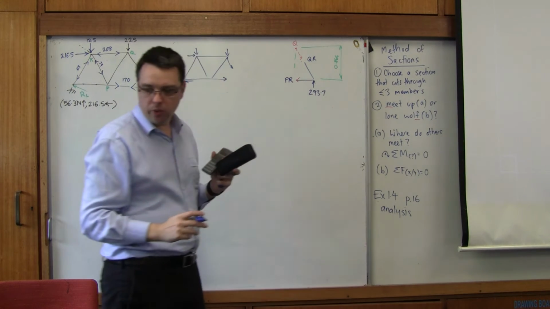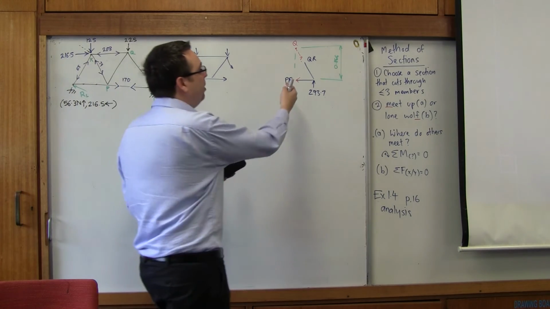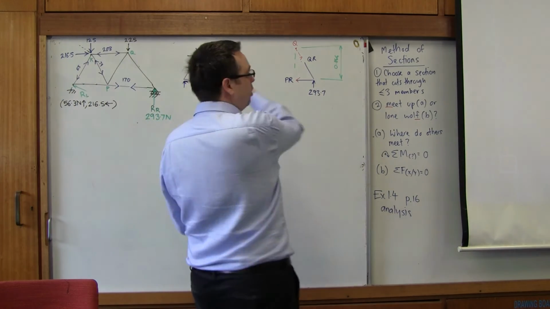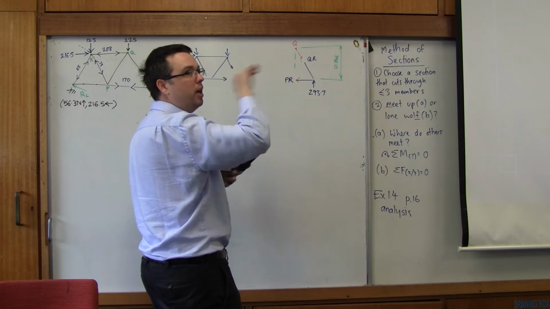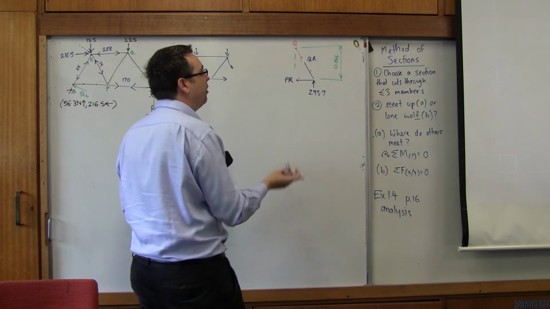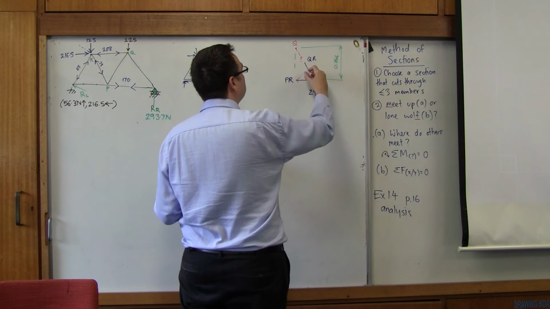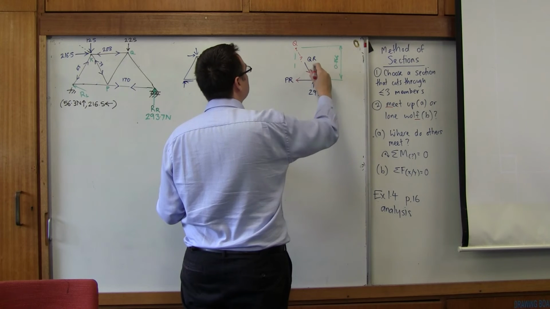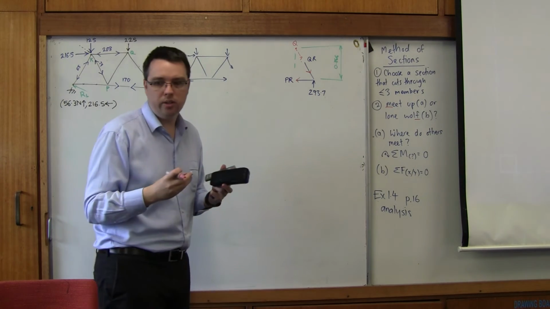Now, both of those situations, if PR is going to the left, well then QR has to be going to the right. If this external force is going up, that means QR has to be going down. So both of those forces mean that we can realistically, not just assume, but we can know that it's going to be going down.